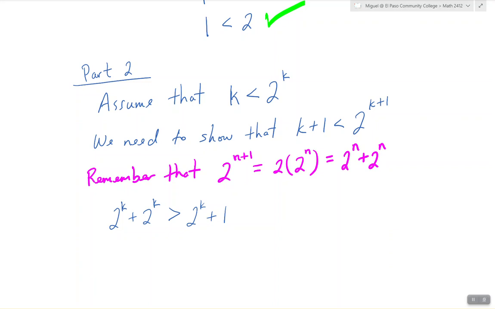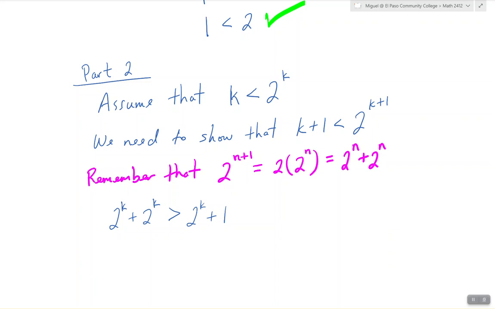And here, this is 2 to the k, but remember k is 1 or bigger, right? So this term would be 2 or more, and we know that's going to be bigger than 1 for sure. Does that make sense? So this number, whatever it may be, has to be bigger than this number, just instinctively.